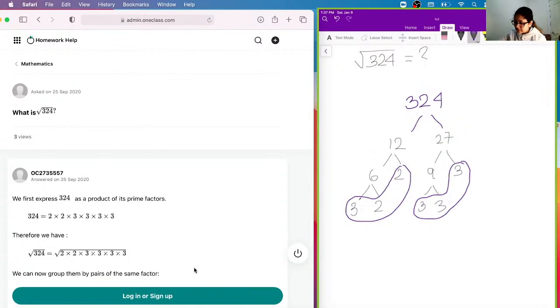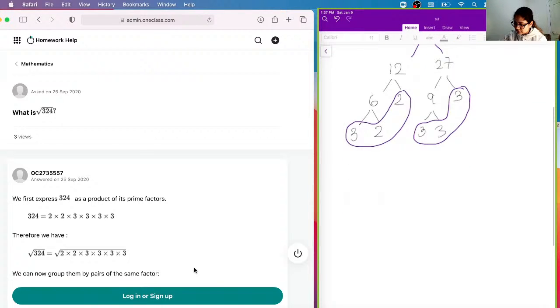So our smallest factors are 2 and 3, and we're going to express every 2 and 3 under a square root. So we're going to write this as the square root of 324 is equal to the square root.